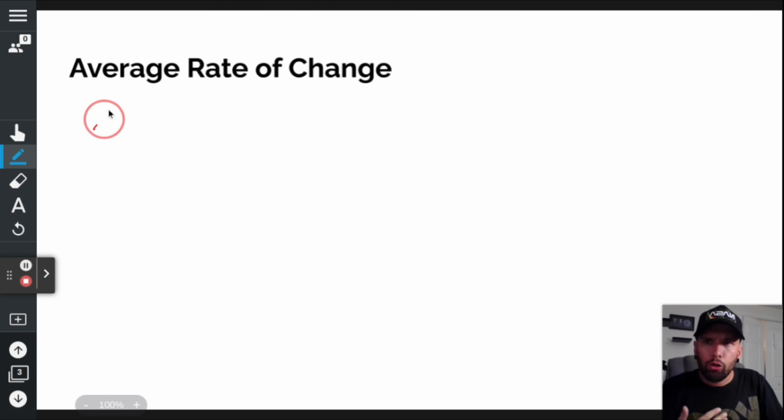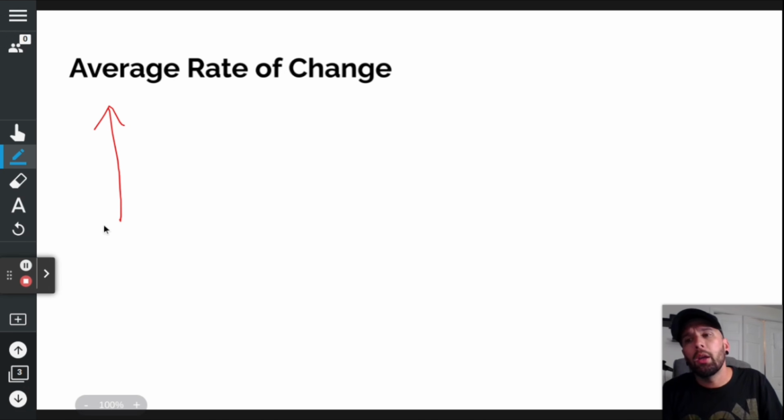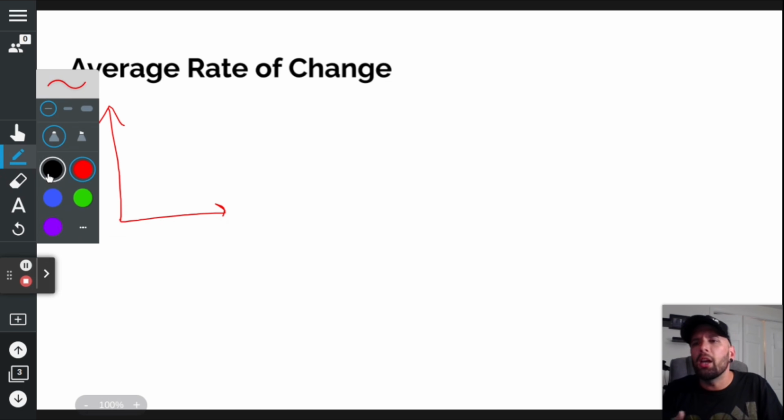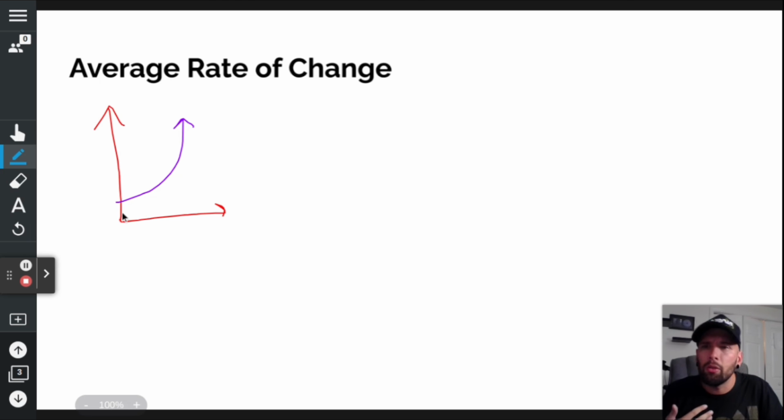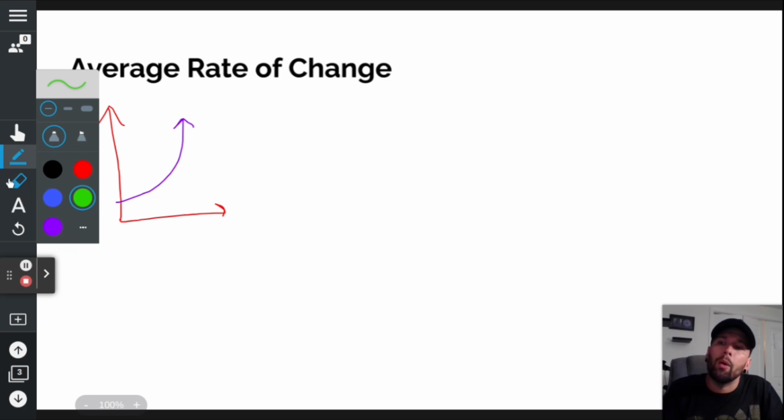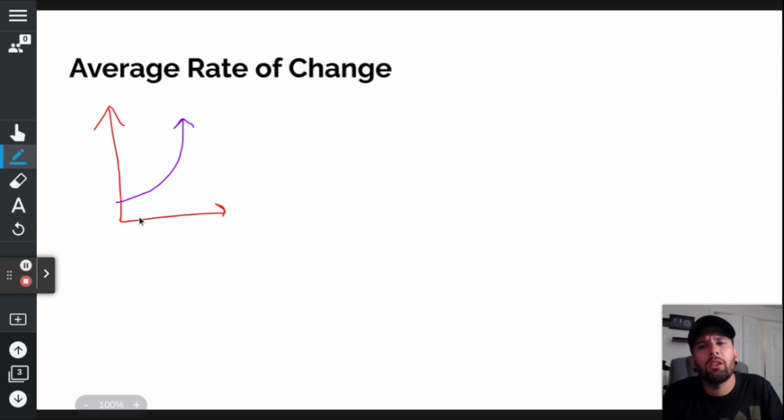Now, if I were to draw you a picture, here's just a very typical graph. If I were to draw some curved line, it looks something like this. In pre-calculus, we deal a lot with intervals. Interval means on the x-axis, I have a spot right here and a spot right here. What's happening in between?